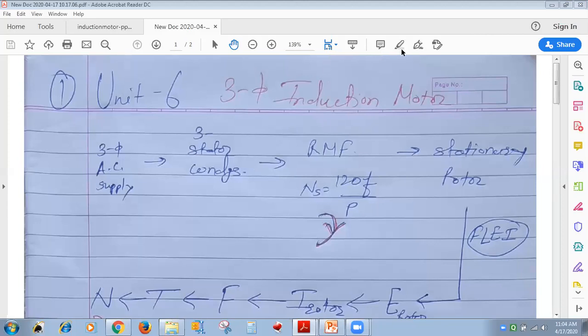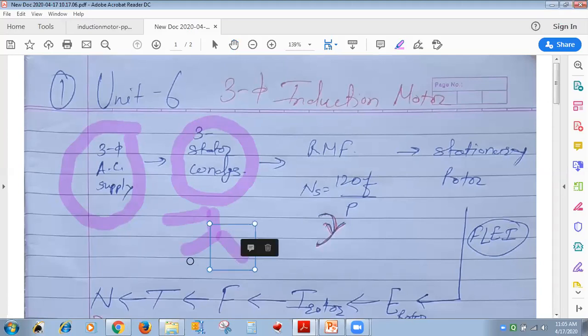So see, all of you, the 3-phase AC supply we give to the 3-phase induction motor. Where exactly do we give it? To its 3 stator windings. They are connected either in star or in delta. Consider they are connected in star. This is the R phase winding, another is the Y phase winding, and the next is the B phase winding.